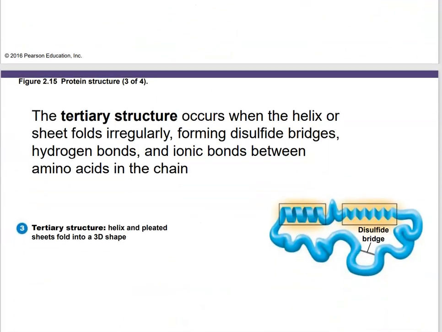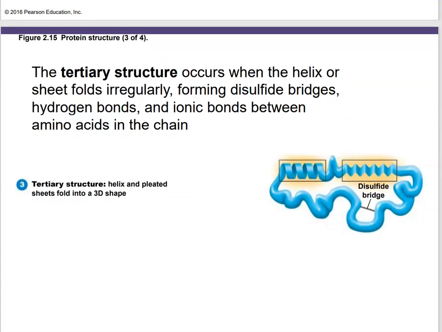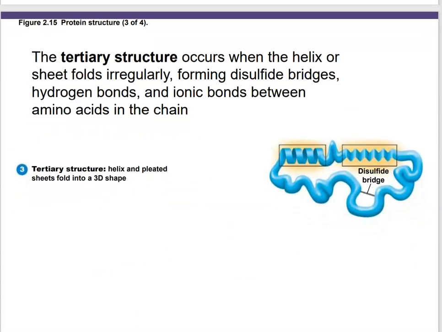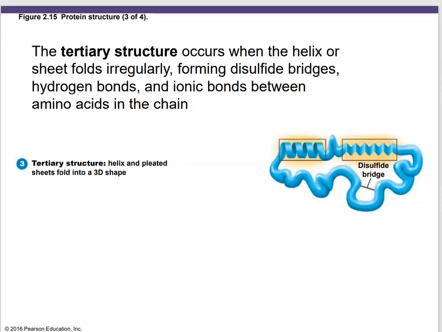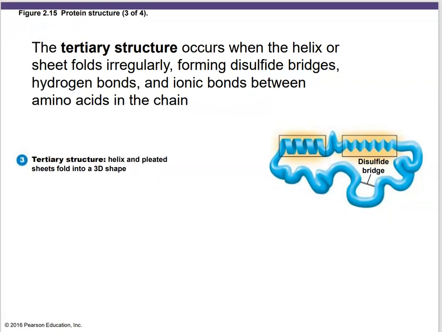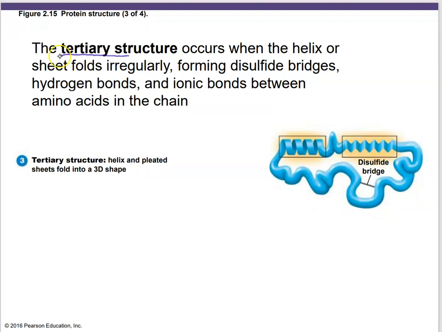Now, when we are putting these beta pleated sheets and alpha helices and the more linear parts of the protein all together in three-dimensional space, then we end up with the tertiary structure of the protein. So you have here an example. You have a disulfide bridge right here. You have a beta pleated sheet and the alpha helix, and then some linear regions right here.